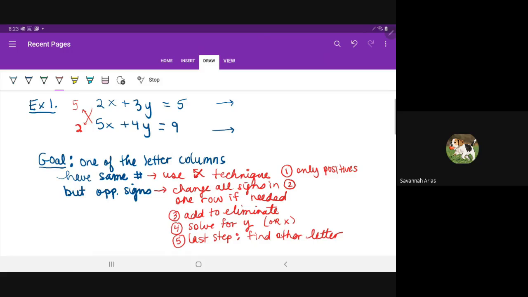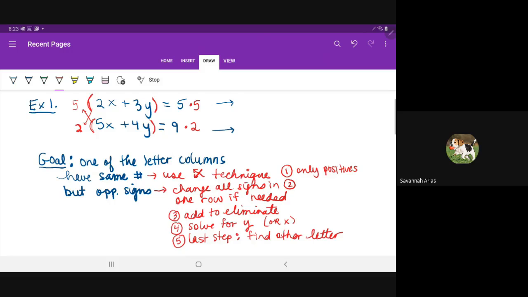Now this is my plan. My plan is to multiply the whole equation by 5. But in order for me to write that in a correct mathematical way, I need to put a parenthesis here, and then times 5, and a parenthesis here, and times 2.